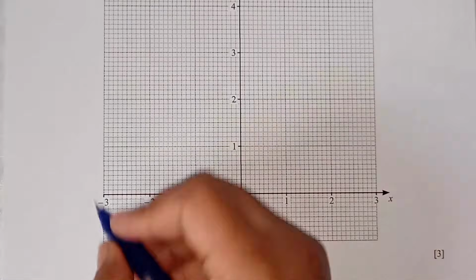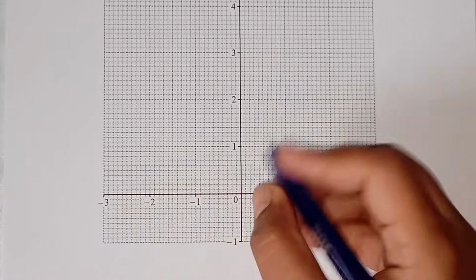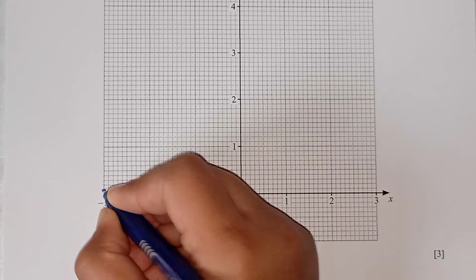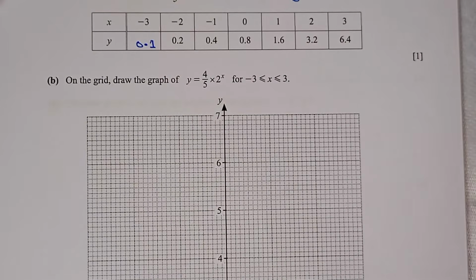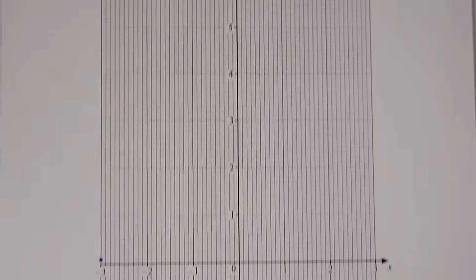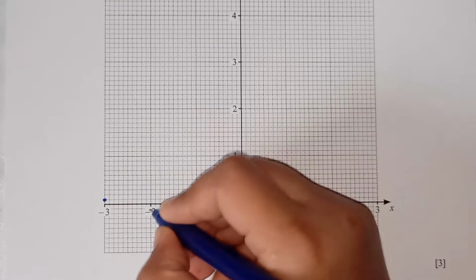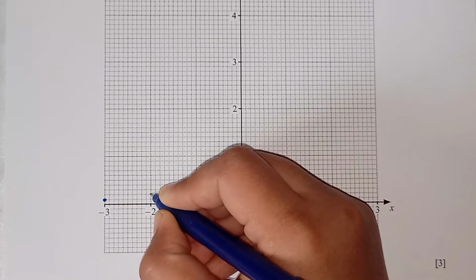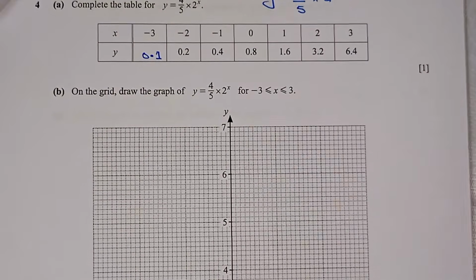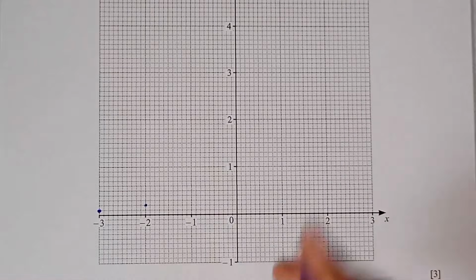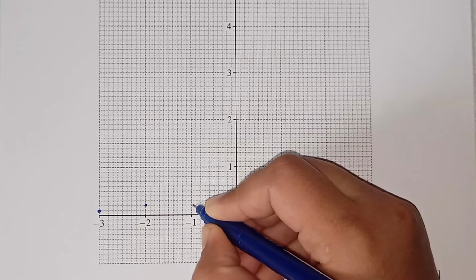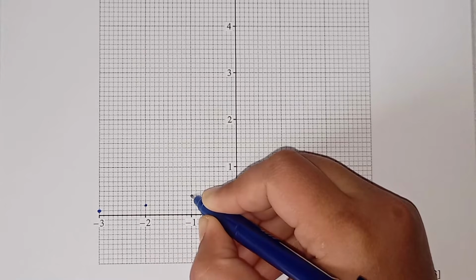The second point, when x is -2, y would be 0.2. When x is -1, y would be 0.4. For -1, it would be 0.1, 0.2, 0.3, and 0.4, this point.